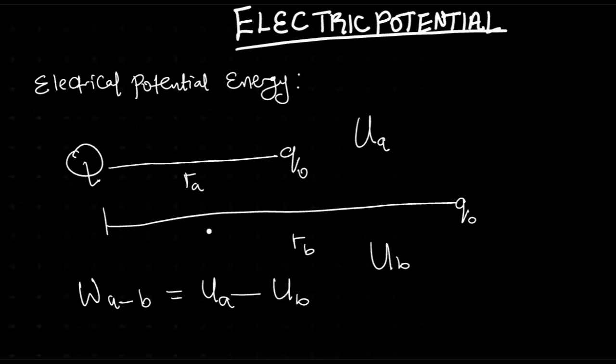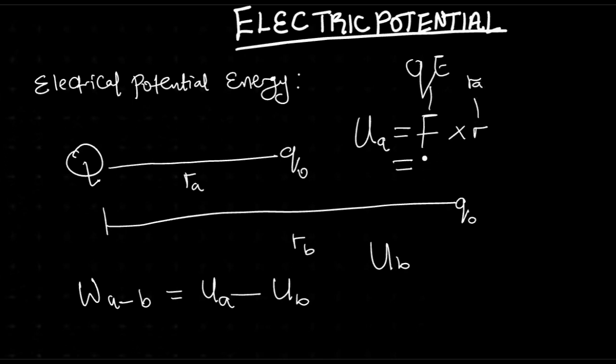This work here, this U_A, remember that energy is equal to work, and work is equal to force, right, times distance. So the work needed here will be, remember that F is equal to qE. That's why foundation is very important. And this r here is r_A, right? This r here is r_A.